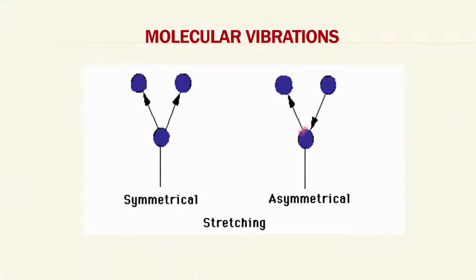Here what is happening? The central ball is here and hydrogen is here, another hydrogen is here. When this is stretching, this is contracting. A dynamic picture of a stretching frequency can be both of them simultaneously going up and down, up and down, or this goes up, this comes down, this goes up, this comes down like this. This is known as asymmetric stretching.